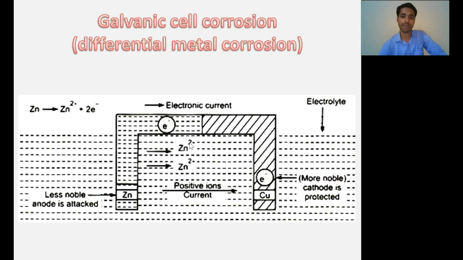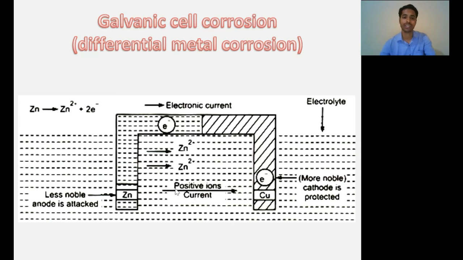What you need to remember is this type of corrosion takes place when two metals are joined together electrically and come in contact with the same electrolyte solution, where the metal which is more active, or placed above in the electrochemical or galvanic series, will behave as anode, and the other metal will behave as cathode.